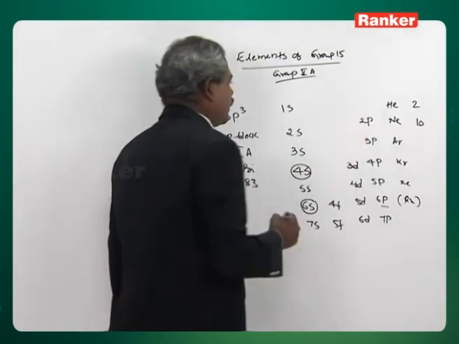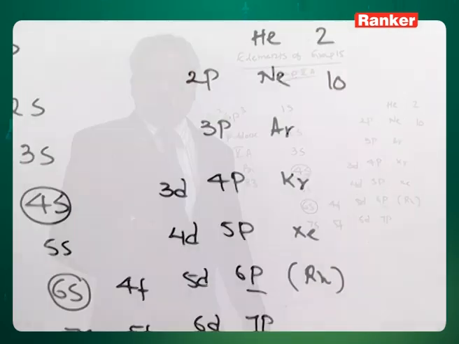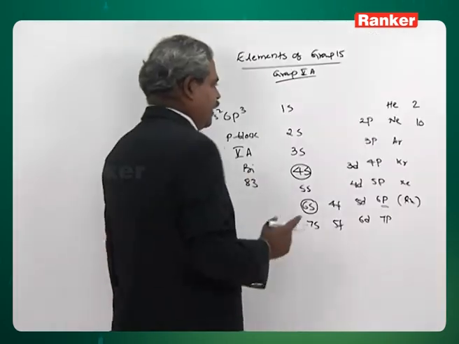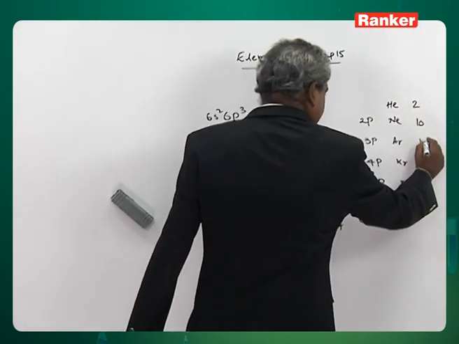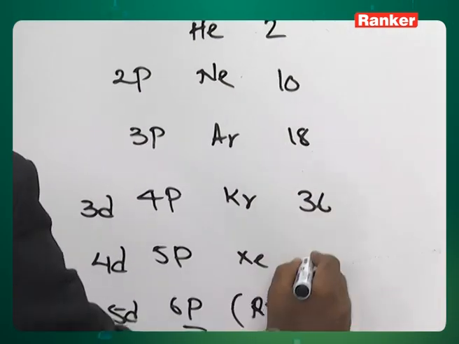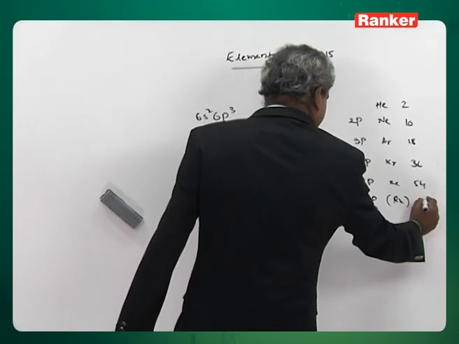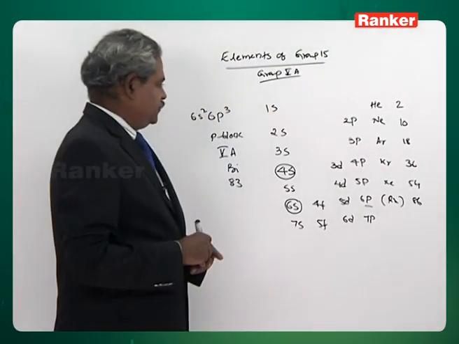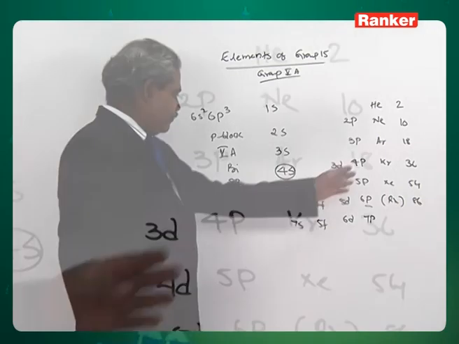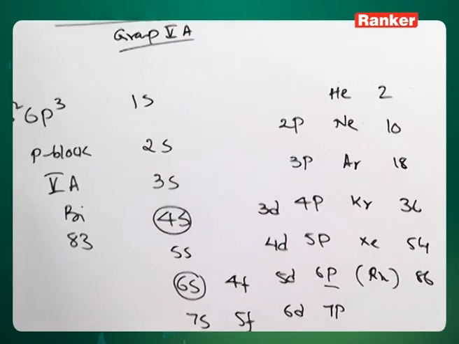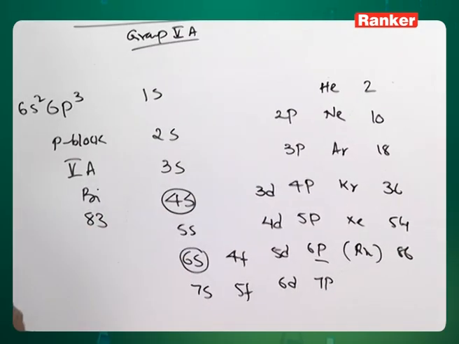Add that principle again, the principle I have taught. Less than or equal to 2, add 8. Add 8 again. 36, 86. So 83 is 86 minus 3. 86 minus 3 is 83.